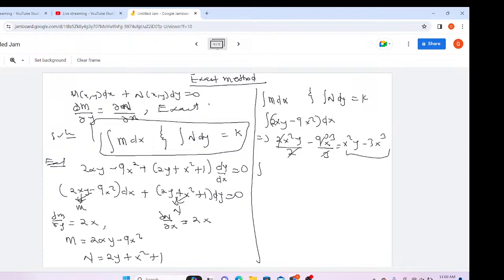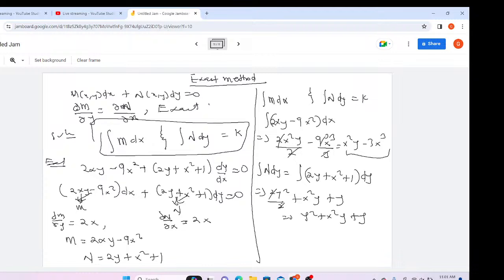Now for the N part, integral of 2y plus x squared plus 1 dy. You are going to integrate each part with respect to y. So 2y squared over 2 plus x squared y plus y. So this gives me y squared plus x squared y plus y.